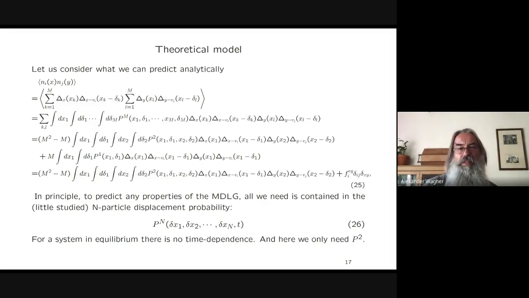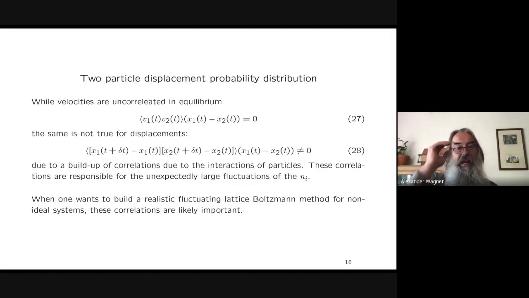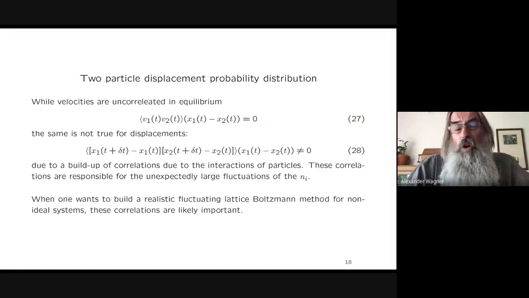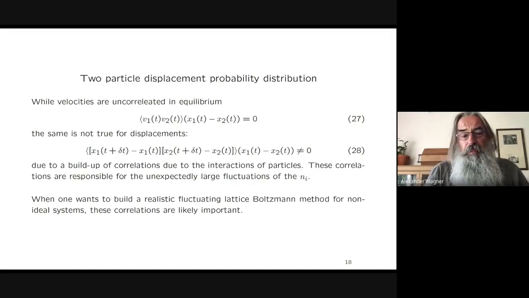That is the stuff that enters into here. And one thing that I want to point out is velocities are uncorrelated in equilibrium. So if you know the velocity of one particle and the velocity of a particle nearby, they have completely uncorrelated velocities. You can measure that, and there's nothing there. But it's not true for the displacements.